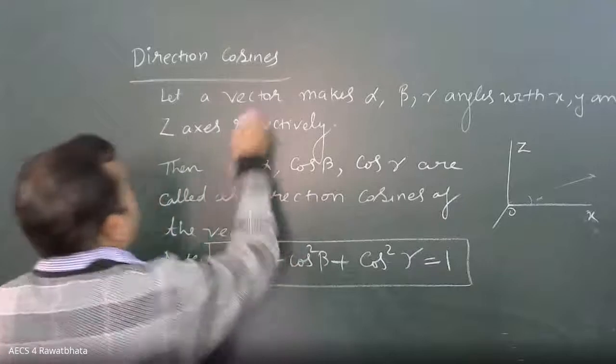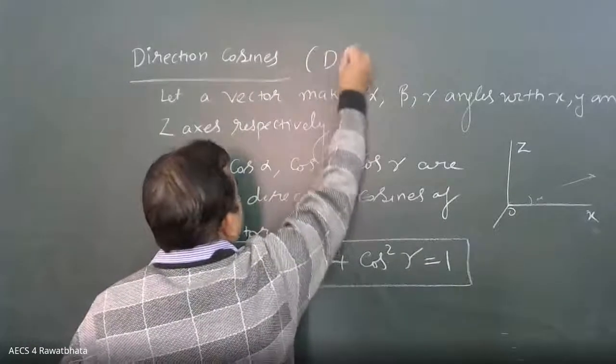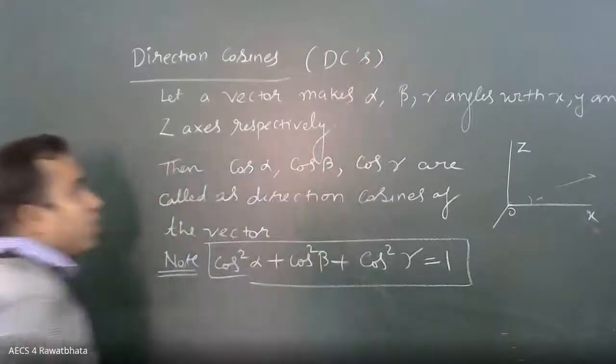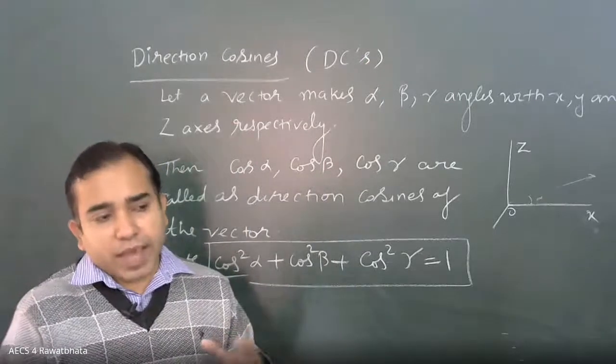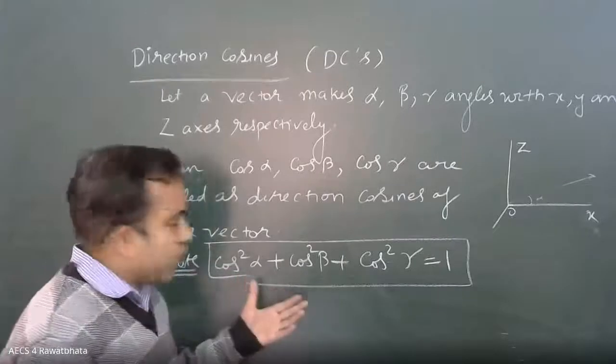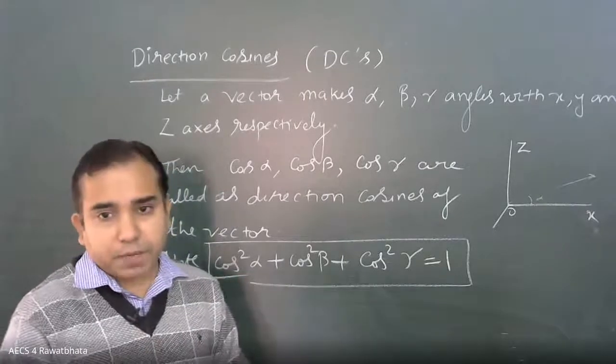And these direction cosines, in short, we call them DCs also. So DCs, 3 numbers, they have a relation among them. Relation is that sum of their squares is 1, right?